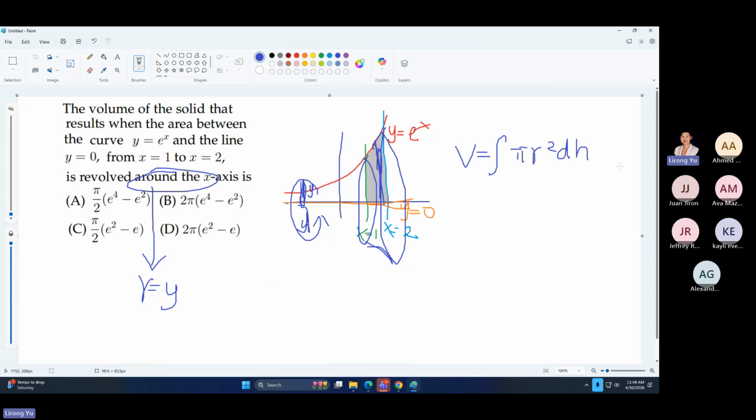If we're doing the shell method, then it's 2 pi r times h dr, since it's a shell. So in the shell method the integration variable is r, but in the washer method the integration variable is h.